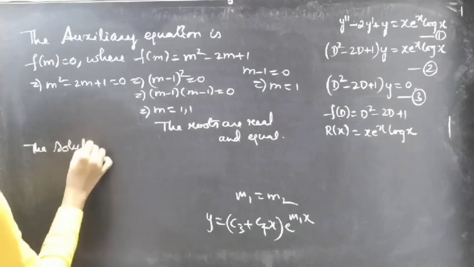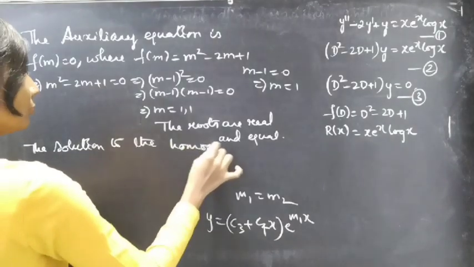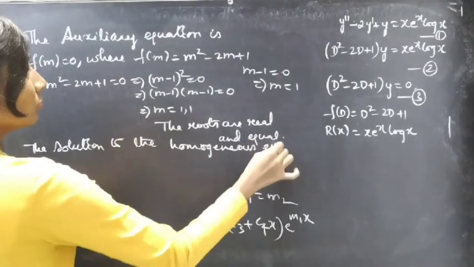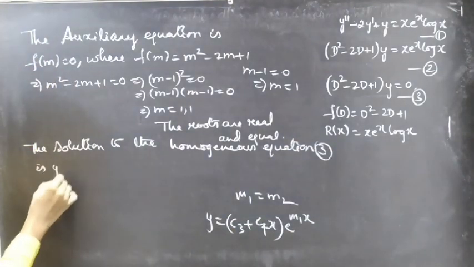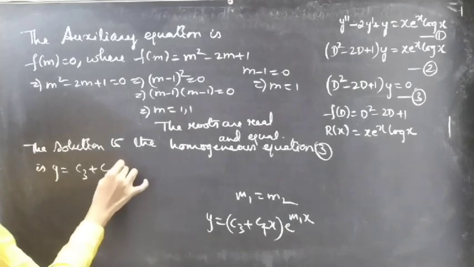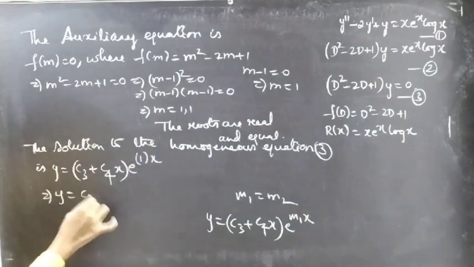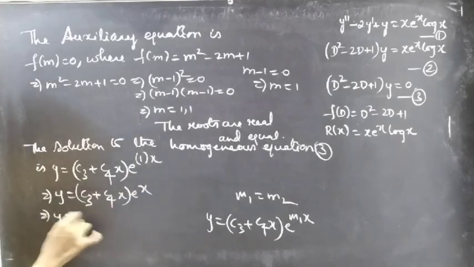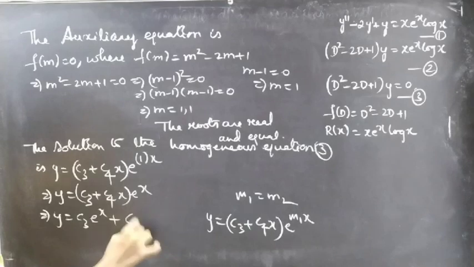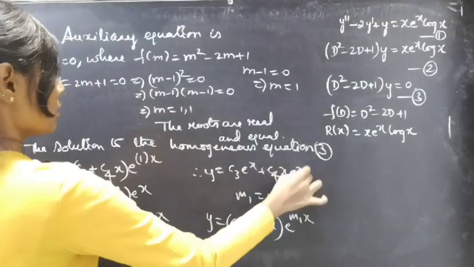The solution to the homogeneous equation is y equal to c3 plus c4x into e power that equal root into x, or y equal to c3 plus c4x into e power x, or we can write this as y equal to c3 e power x plus c4x e power x, right? Therefore y equal to c3 e power x plus c4x e power x.